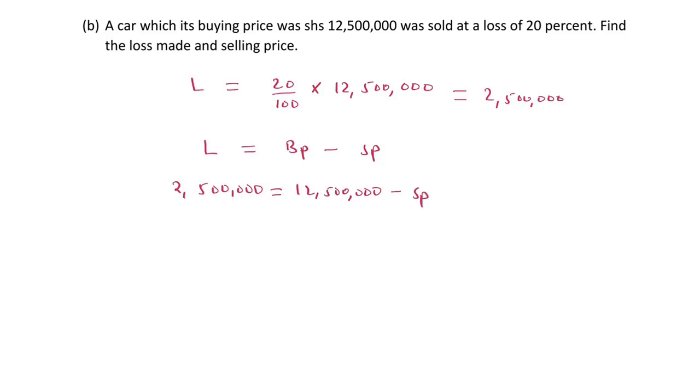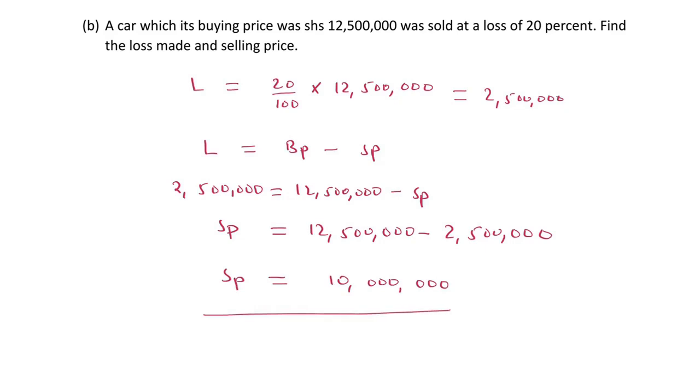Okay, so now let us collect the like terms. We are going to have selling price equals to 12,500,000 minus 2,500,000. Solving this, we are going to have selling price equals to 10 million. And this is going to be our answer.